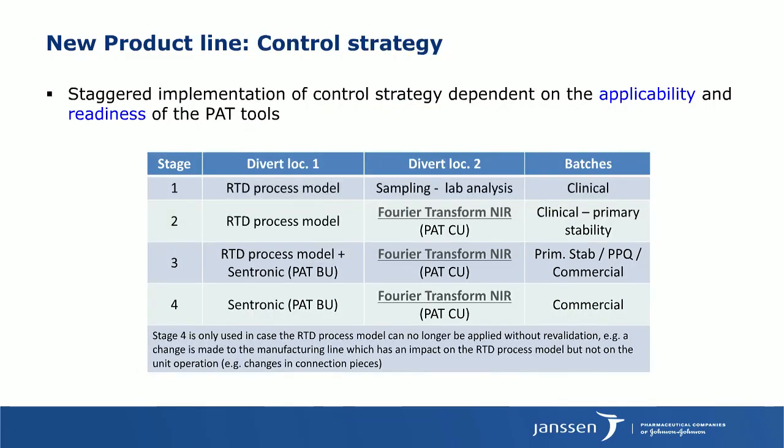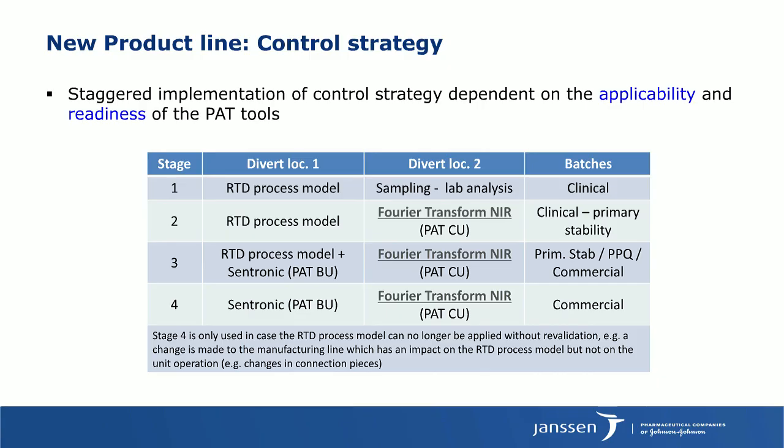Now, let's talk about the control strategy. When we are developing a new product to be manufactured on a continuous manufacturing line, we want to go to a staggered implementation of the control strategy, because we know that the PAT tools or the PAT applications take some time to develop, and maybe they cannot be developed for every product.